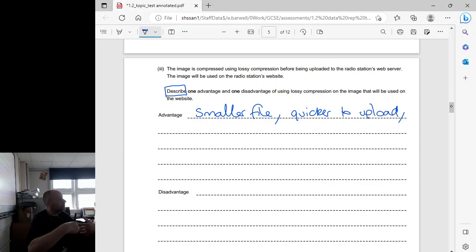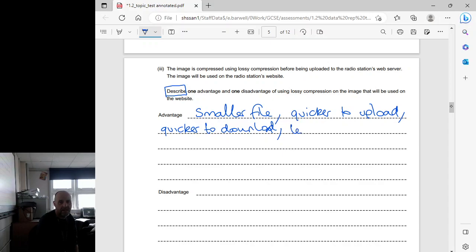And the opposite, when someone's viewing the website, it's quicker to download by a browser. So this is all to do with the smaller file. The other benefit is that you're taking up less server space.